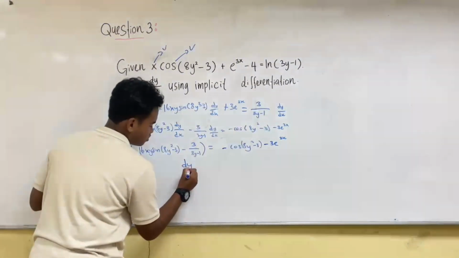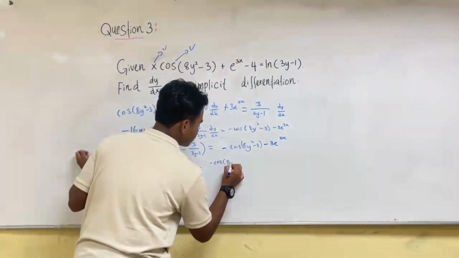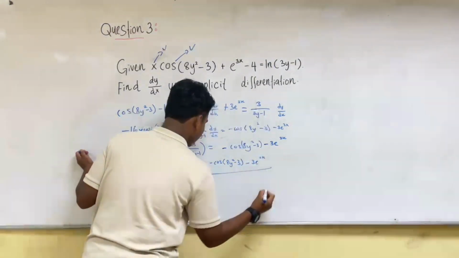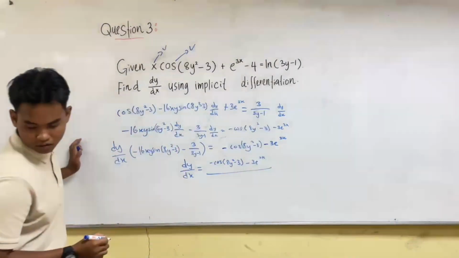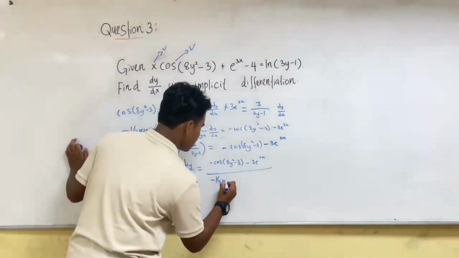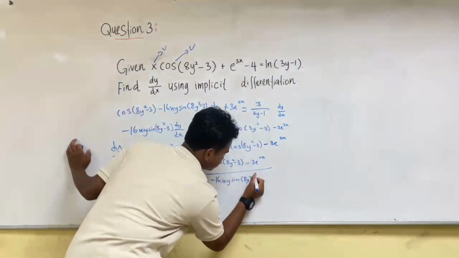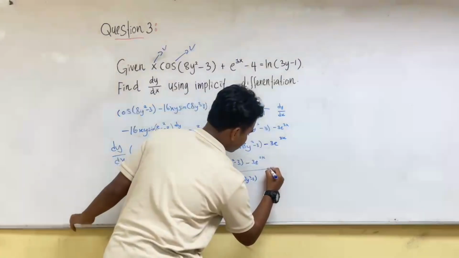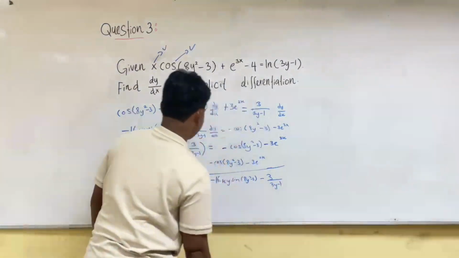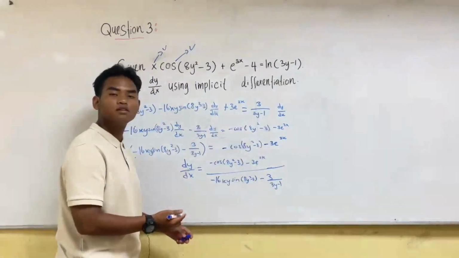So dy/dx equals negative cos(8y² − 3) minus 3x over that expression. That is the final answer for this question. So thank you very much.